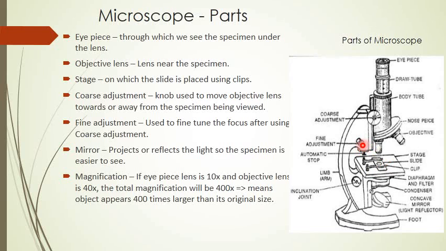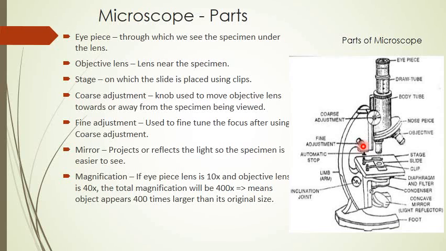The fine adjustment is finally done with slight movement, so that the object or the specimen placed here becomes clear. That means we use this fine adjustment knob to make it clear.